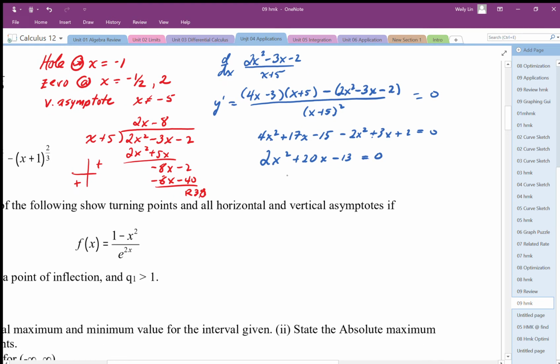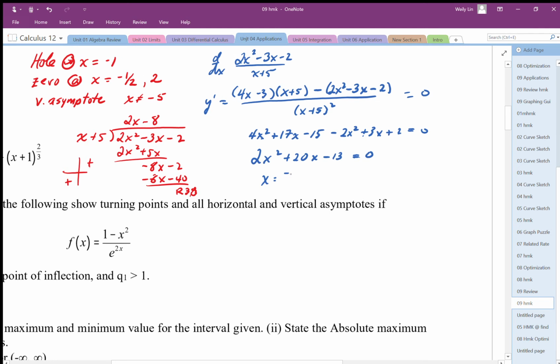So we end up with x equal to -20 plus or minus the square root of 400 minus 4 times a times c, all over 4.